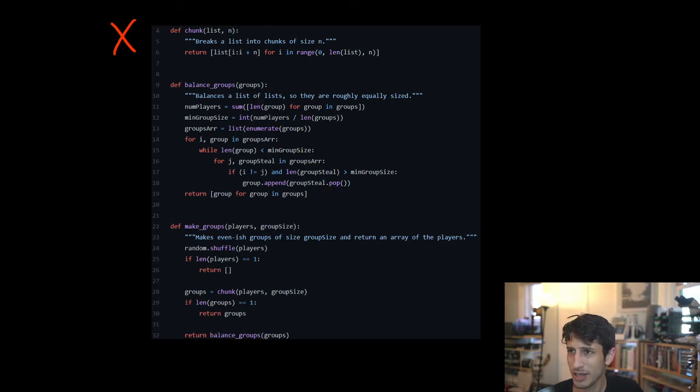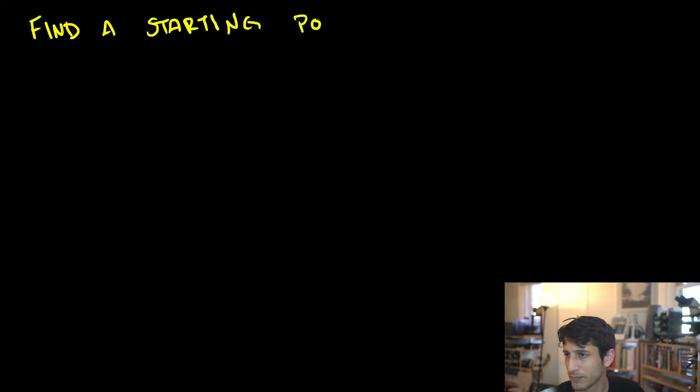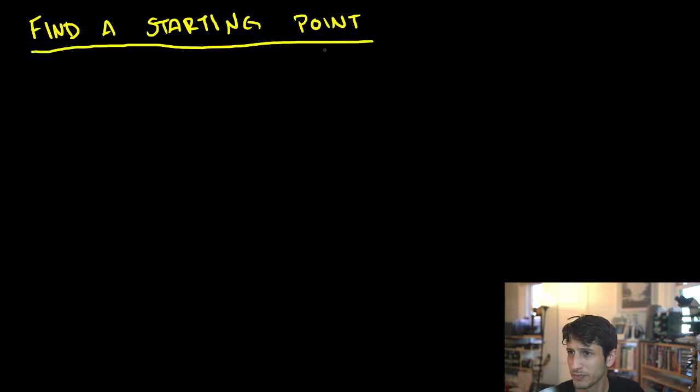So when we look at a file of code, and we'll make a new slide here, we have a new file of code: finding a starting point. Some of those tips that we came up with were, we have ignore really short methods.